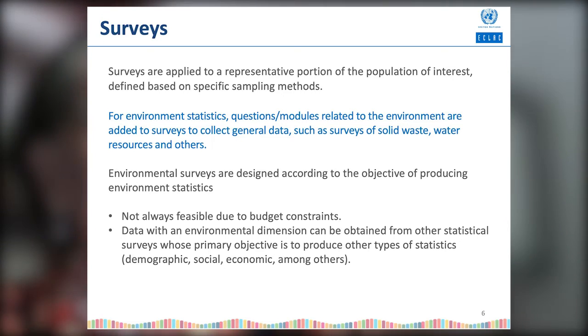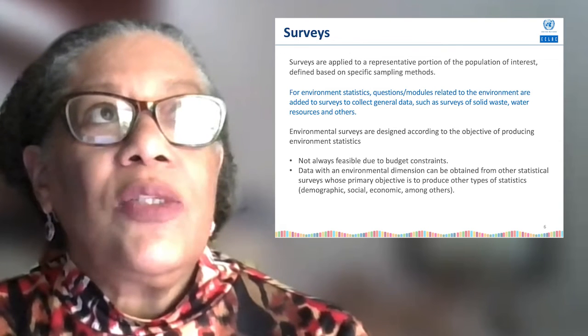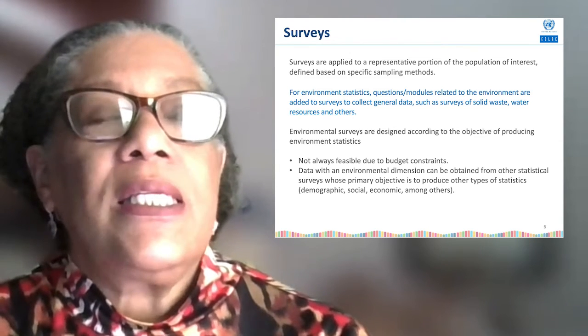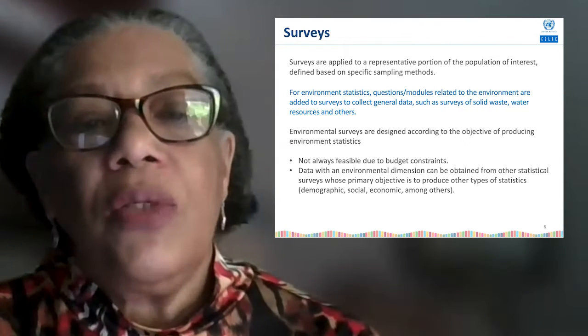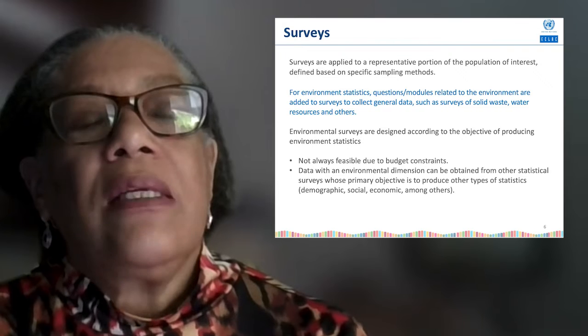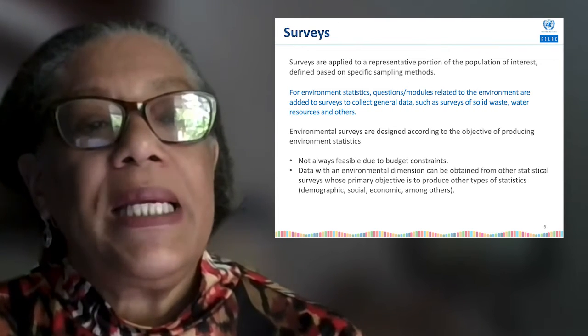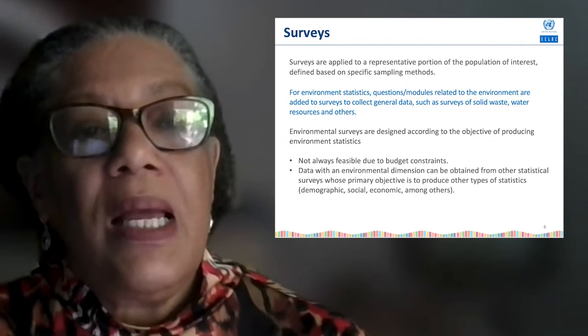So surveys, as we have said, apply to a representative portion of the population and are usually defined based on specific sampling methods. For environment statistics, you usually find that the questions are included in modules that are related to the environment and collect general data, such as on solid waste and water resources.